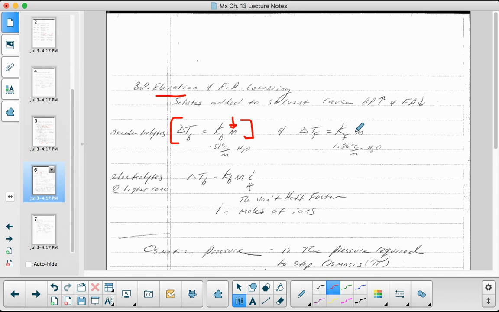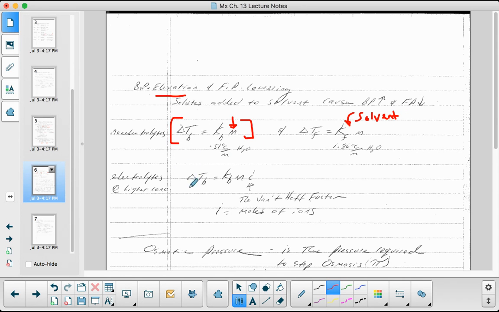Delta T_F equals K_F times, again, the molality of the solution. And the K_F for water, again, this value here is given for whatever your pure solvent is. All right. And so for water, the K_F value is 1.86 degrees Celsius per molal.